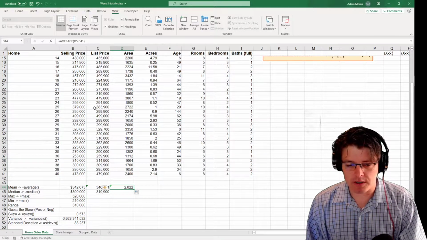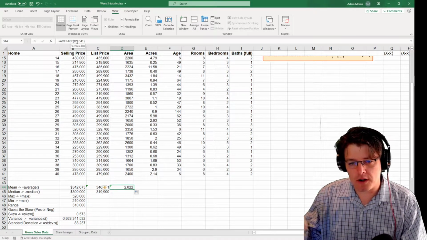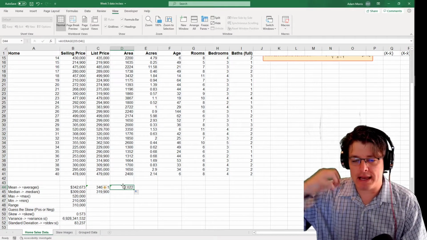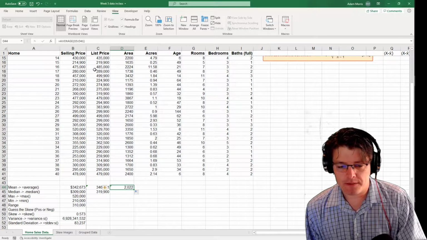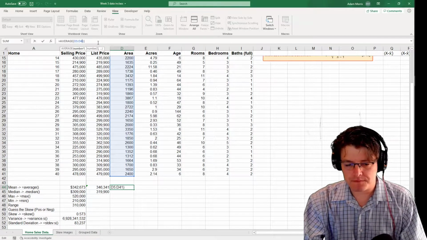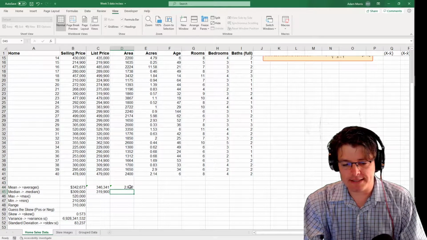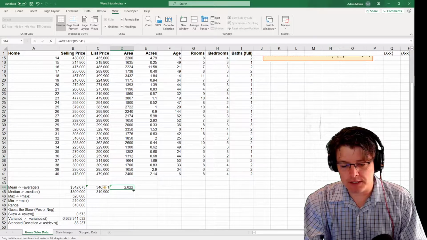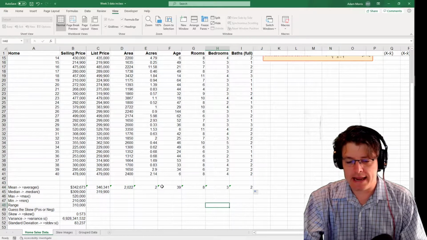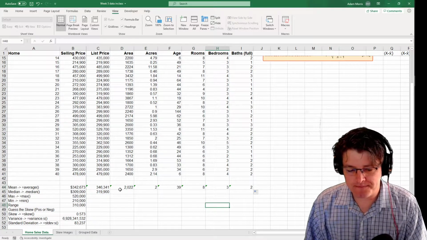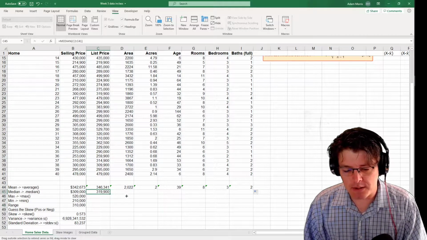Excel is smart enough to realize that if I'm moving over a column, I probably want to take the average from the same area. So now that's from D5 to D41, and I can see the average square footage. I can actually drag that all the way over and see the averages of all of those variables. Same thing with the median.